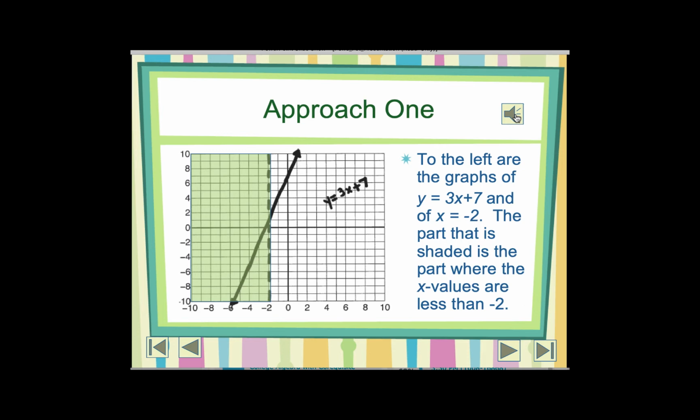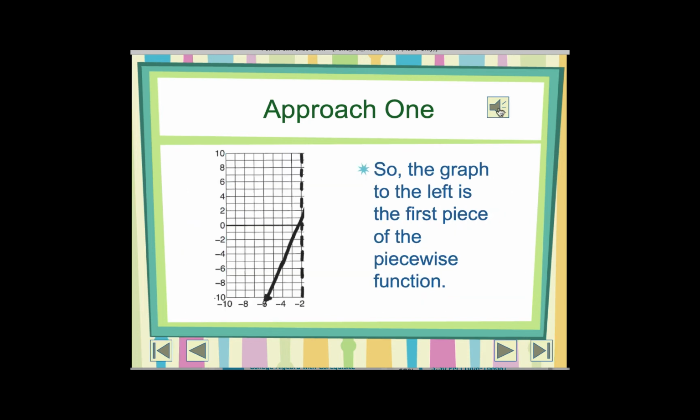I also graph the vertical line x equals negative 2, and then I shaded the part of the graph that had x values smaller than negative 2. So this is the graph of y equals 3x plus 7 for the x values that are smaller than negative 2.